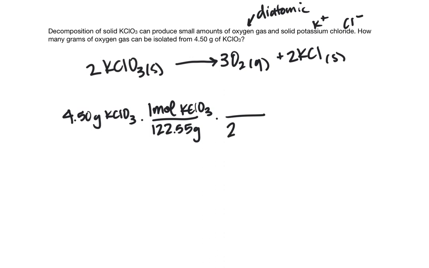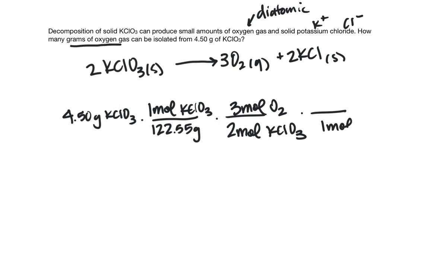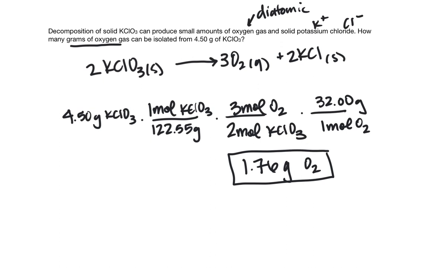So there are 2 moles of KClO3 for every 3 moles of O2 gas. And so it asks for grams of oxygen gas. So in 1 mole of O2, there are 32.00 grams. So when we plug all of this into our calculator, we get 1.76 grams of O2 produced in this problem.